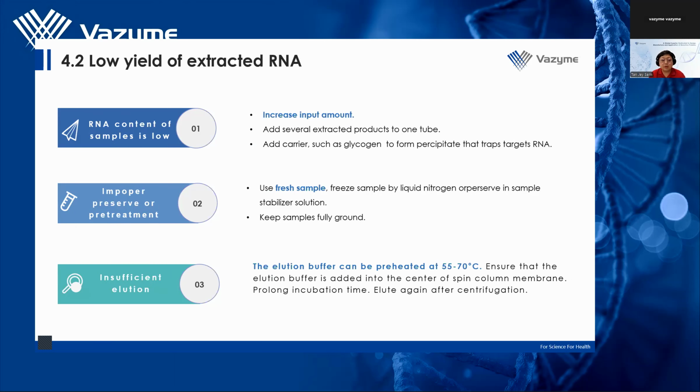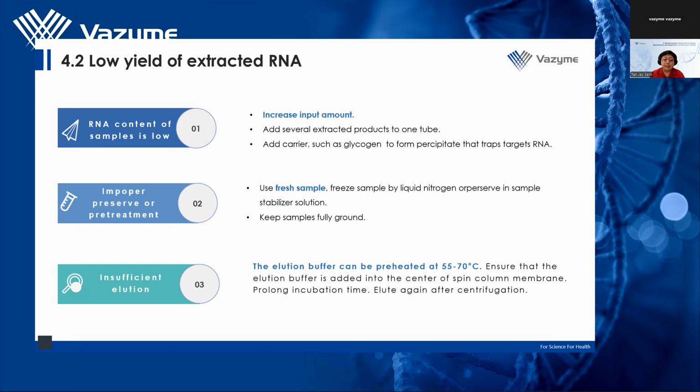The second common issue is obtaining low RNA yield during extraction. Firstly, the sample itself may have low RNA content. Some of the solutions would include understanding the RNA content of your sample and selecting those with abundant RNA. As I mentioned in the previous few slides, some samples might have high RNA content, some might have low RNA content, so different samples will have different amounts.